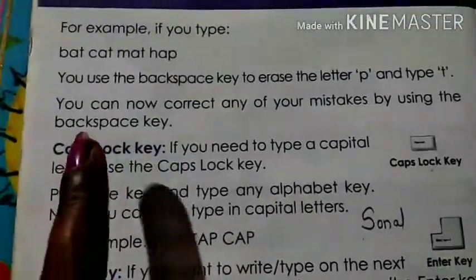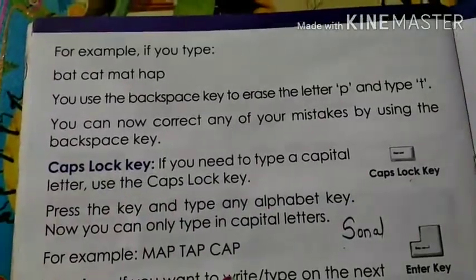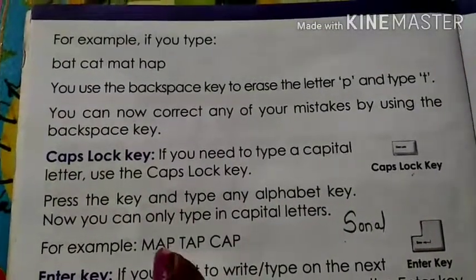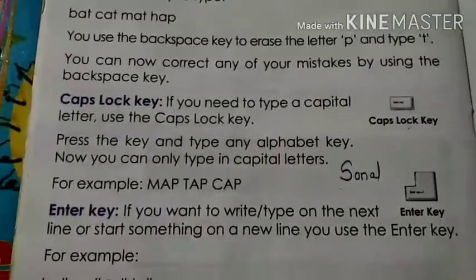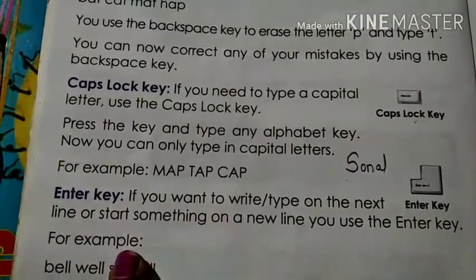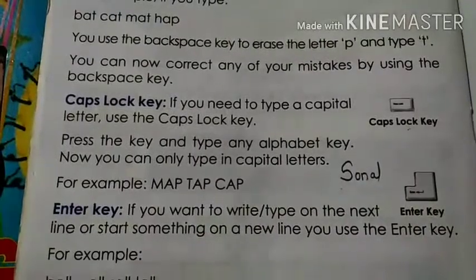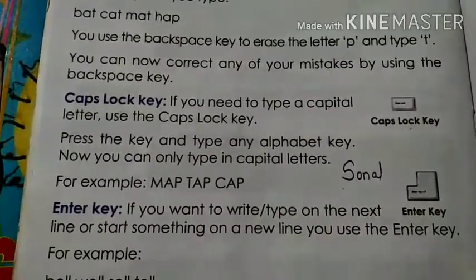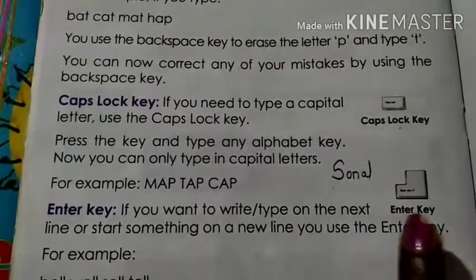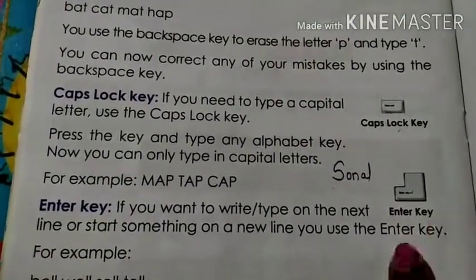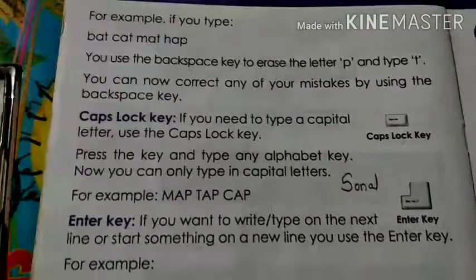Next we learned about the caps lock key, which helps you to type letters in capital format. Okay. Next we learned about the enter key. While typing or writing, if you want to come to the next line or start a new line, you will use the enter key.